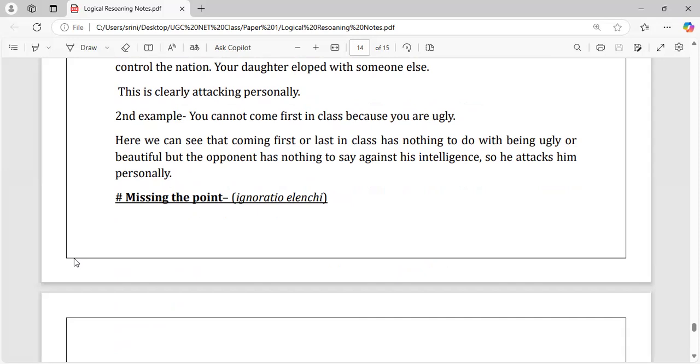Second example: you cannot come first in class because you are ugly. Here we can see that coming first or last in class has nothing to do with being ugly or beautiful, but the opponent has nothing to say against his intelligence, so he attacks personally.